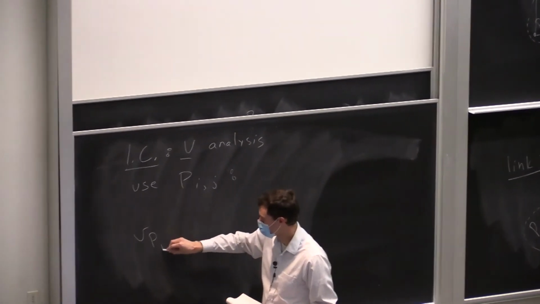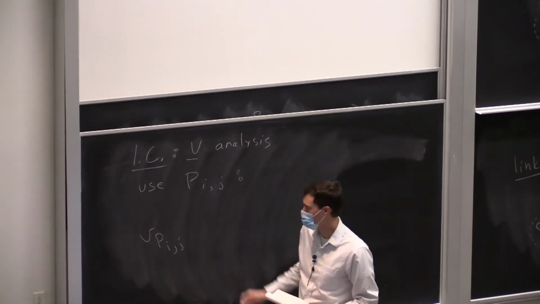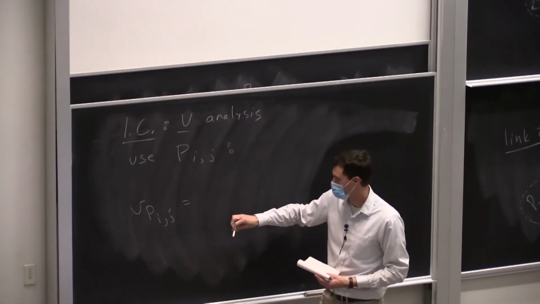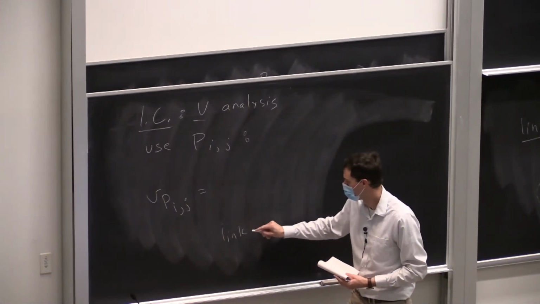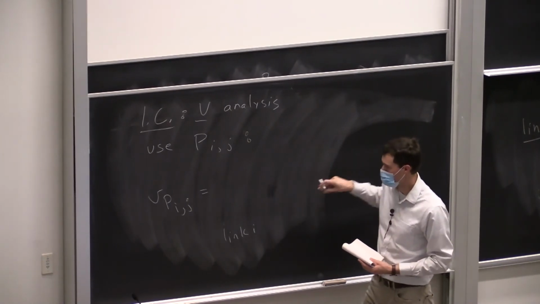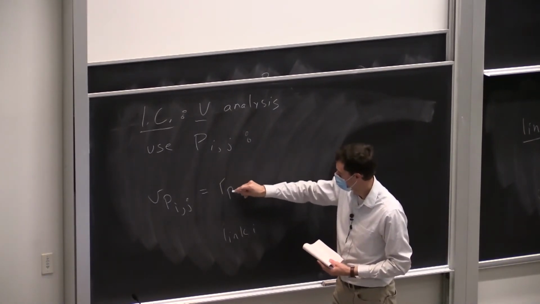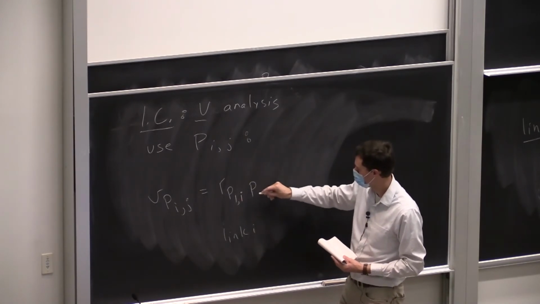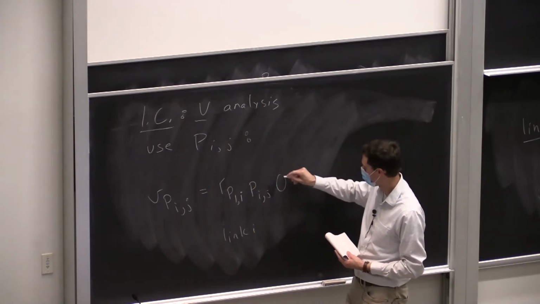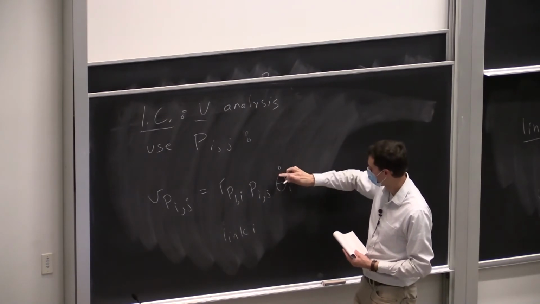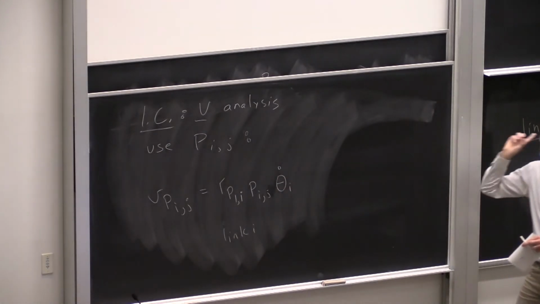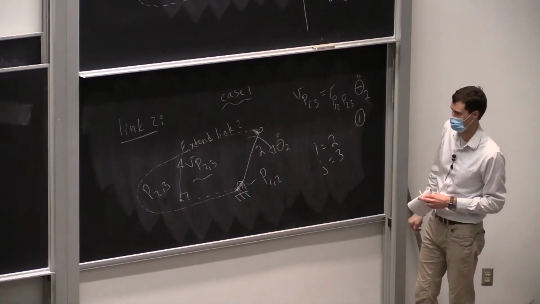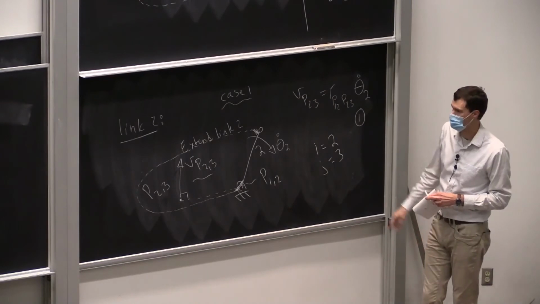We're going to find our transfer point, Pij. First, we're going to assume it's on link i. Then we'll do link j next. Okay, so I'm basically replacing 2 with i and 3 with j.